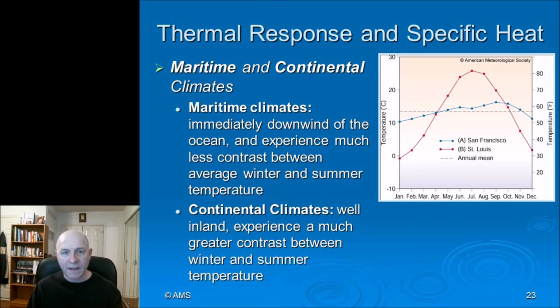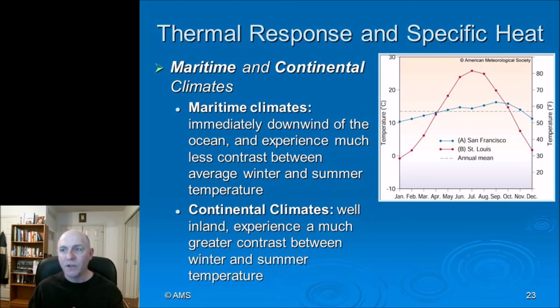So marine climates, generally downwind of an ocean, experience much less contrast in their temperatures through the course of a year, specifically between winter and summer. All right, there are variations, but because there's that thermal inertia in the water, the temperature through the course of the year does not change as much. You don't have these wicked bad highs during the summer or wicked cold lows in the winter.